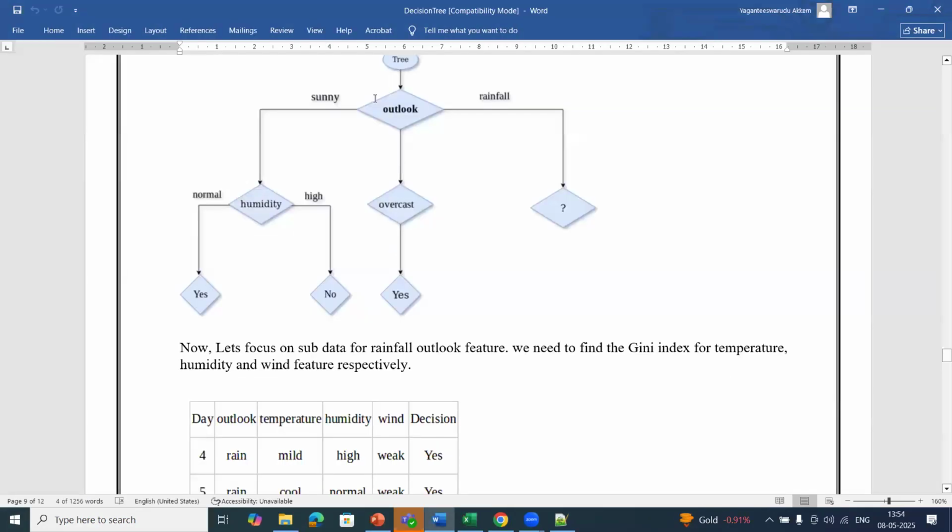Similarly, I know outlook equal to sunny has two branches, humidity normal and humidity high. Humidity normal is yes and humidity high is no. And if outlook is overcast, it is always yielding yes.